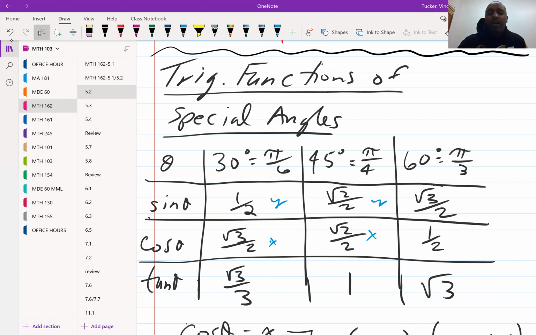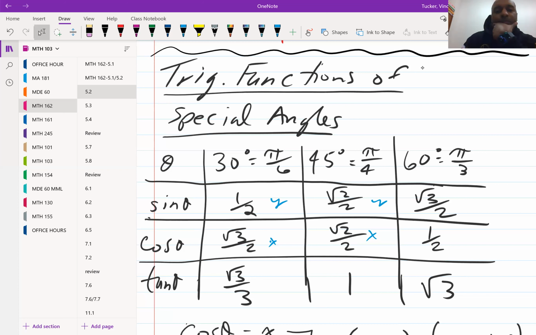Knowing the unit circle, or at least knowing how it flows, will help you with determining sine of 30 degrees, cosine of 60 degrees, and so on. Let me see if I can pull it up. Well, I must have it on my other computer.